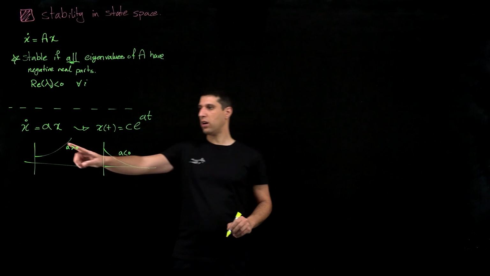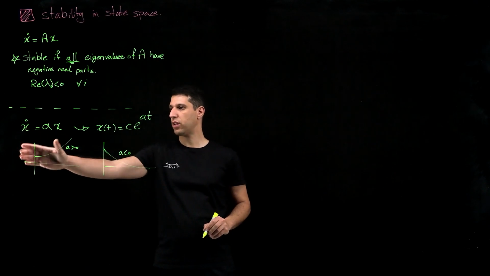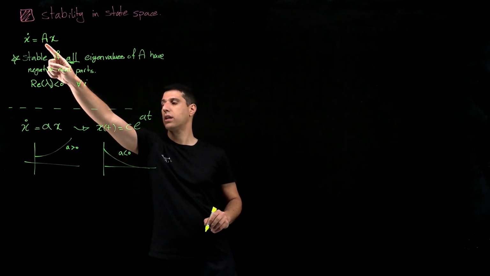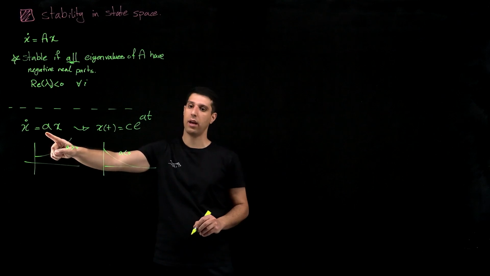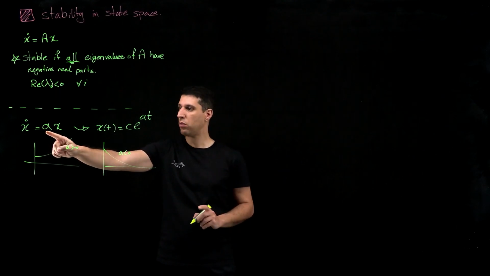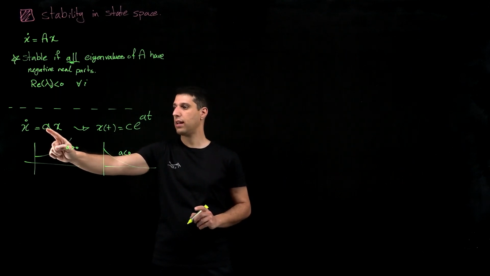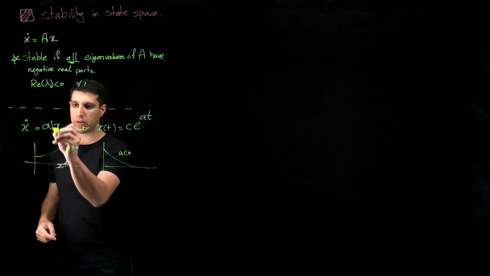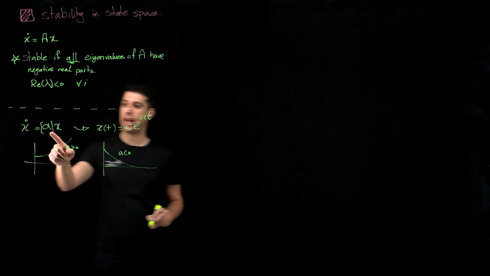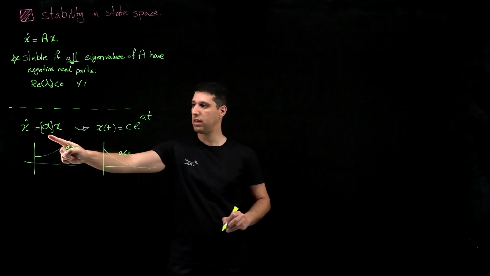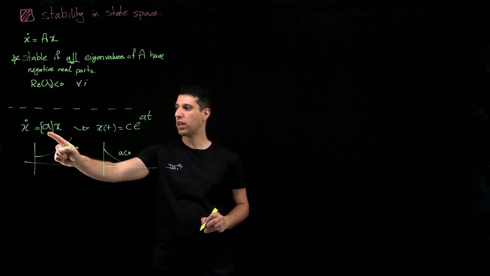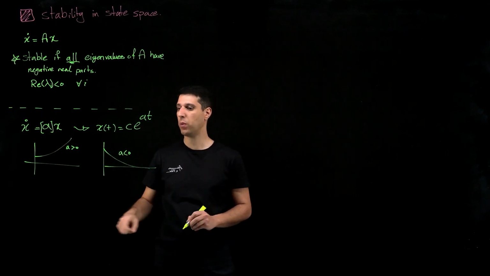So you can think of this differential equation as a matrix equation, but just a one-dimensional matrix. In that case, it is a matrix A, and A is the eigenvalue of this one by one matrix.